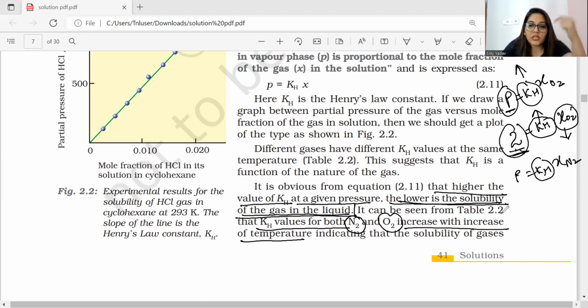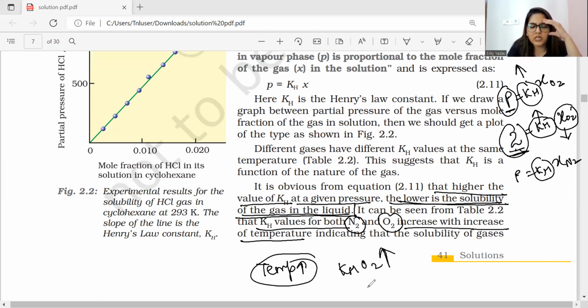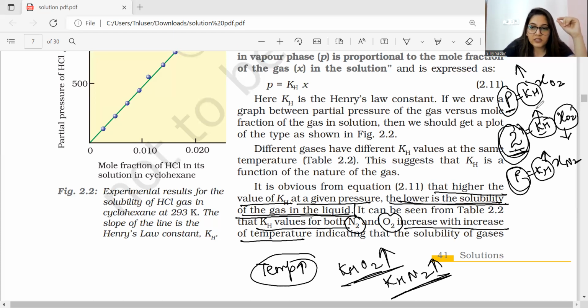When we increase the temperature, the KH value of oxygen also increased, and the KH value, that is the Henry law constant, of nitrogen was also increased. So if the KH value is increased and I want this to be constant, then my concentration value will decrease.